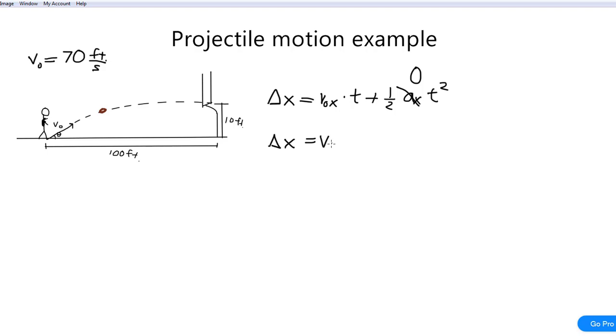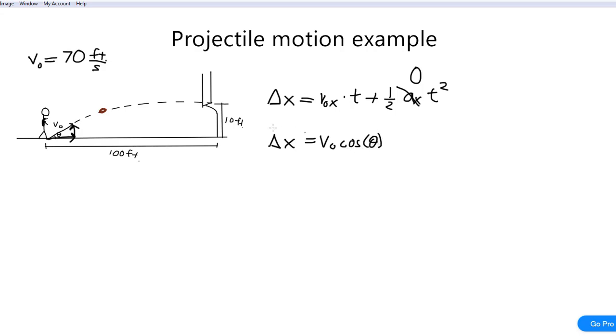Really, we need the x component of this velocity vector. This is the y. Using trig, the x component is the adjacent side, so it's cosine: v naught cosine of theta.